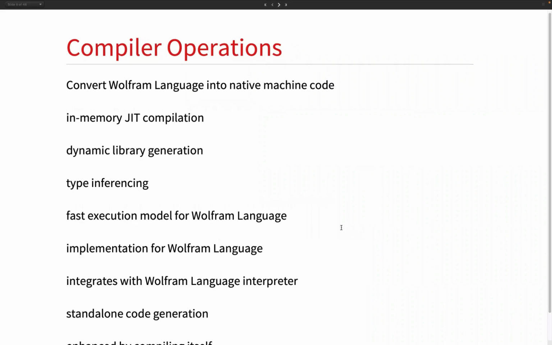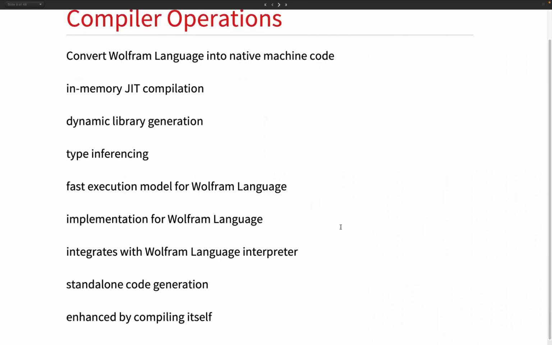So, as I said, it converts Wolfram language into native machine code. It has in-memory JIT compilation, but it also makes dynamic libraries, so you can save. It has a static type inferencing mechanism, and it's a fast execution model for Wolfram language. It's an implementation layer for the Wolfram language.